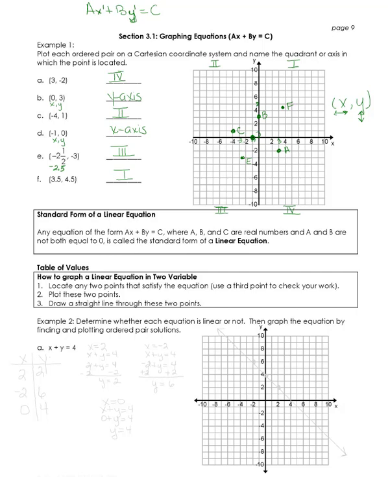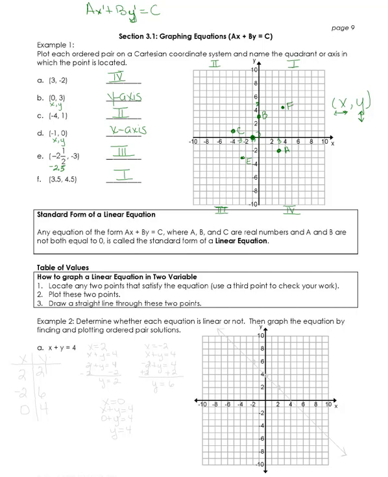If you don't know how to find the slope or anything about slope, or if you can't remember the rules for x-intercept and y-intercept, a table of values is always easy to remember, because what you're going to do is create an xy table. We're creating an xy table because of the xy axis.